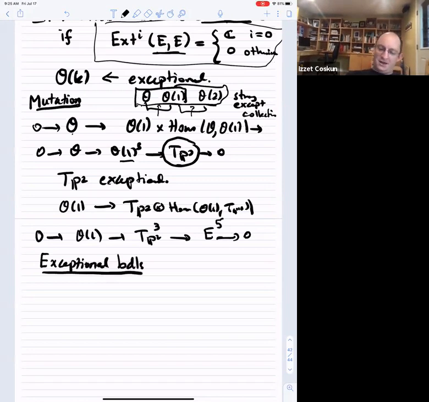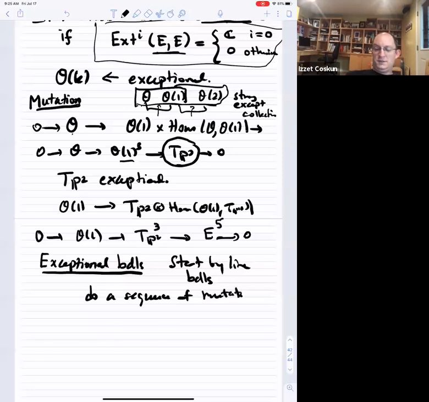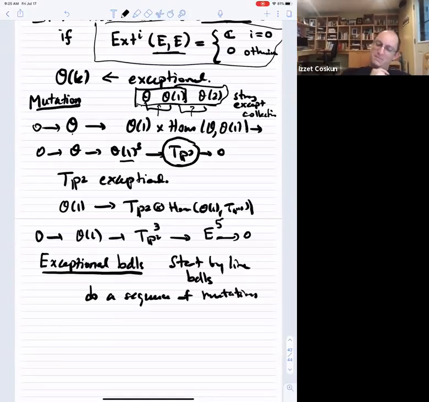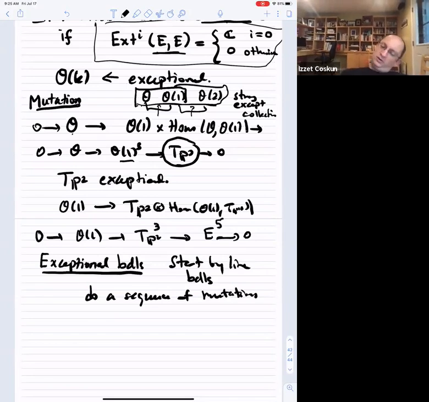You start by line bundles, and do a sequence of mutations. So this generates for you infinitely many bundles like this. And their ranks grow, right? I mean, we started with line bundles, now we have rank 2, this is rank 5.